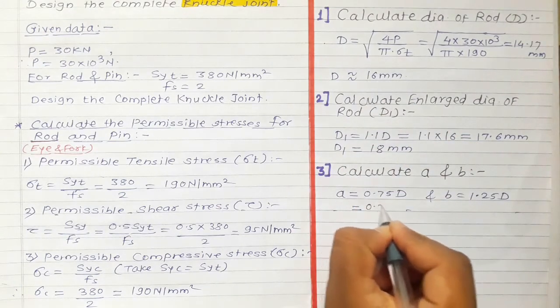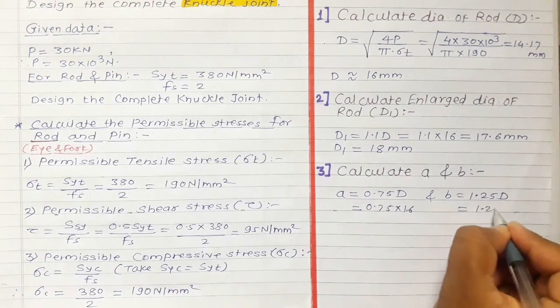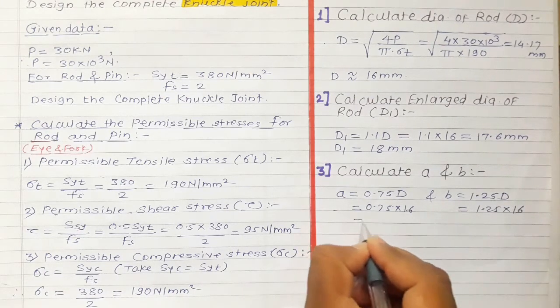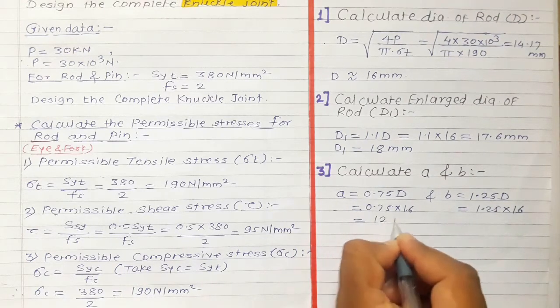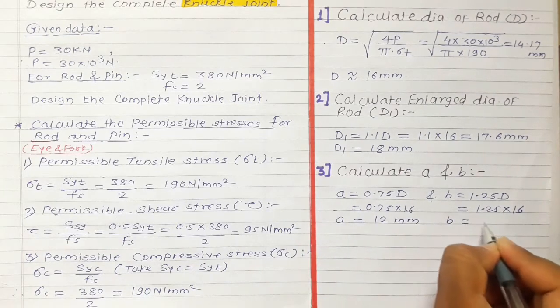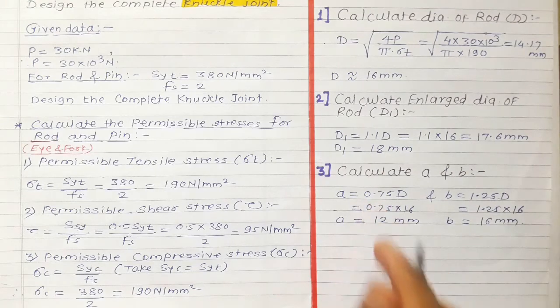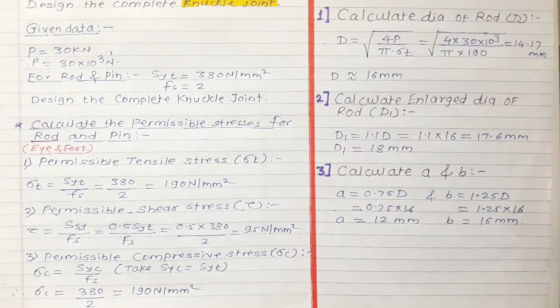So 0.75 into 16. Similarly, 1.25 into 16, and let us calculate this A and B. So answer of A will be 12 mm and answer of B will be 16 mm. So this is the answer of A and B, that is thickness of fork end and thickness of eye end.